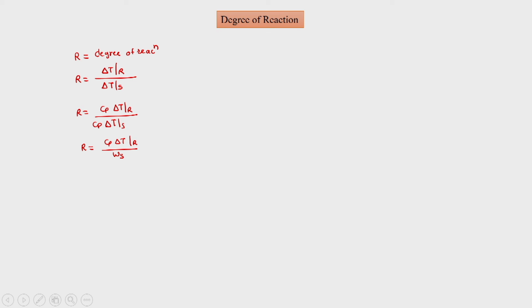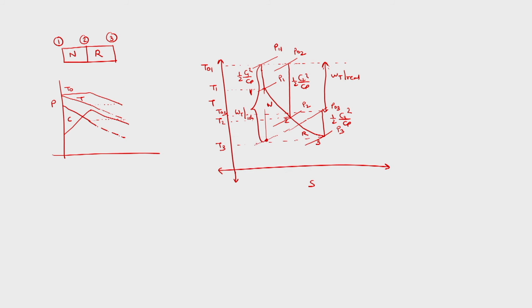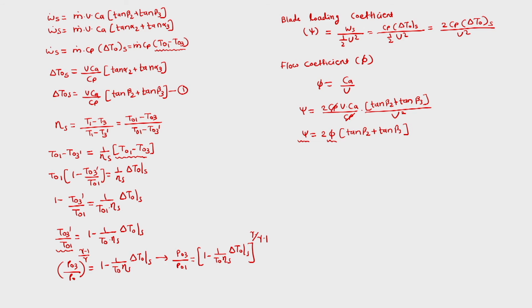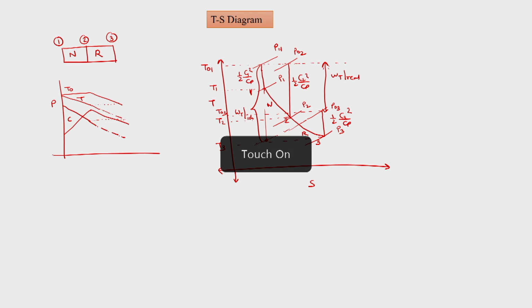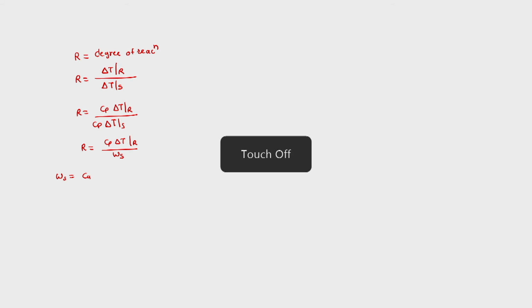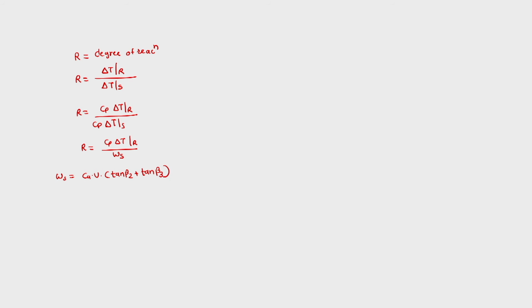Now we know the stage work formula: W stage is equal to Ca into U into (tan beta 2 plus tan beta 3). Now we need to find out what delta T across the rotor is. So how do we find it?